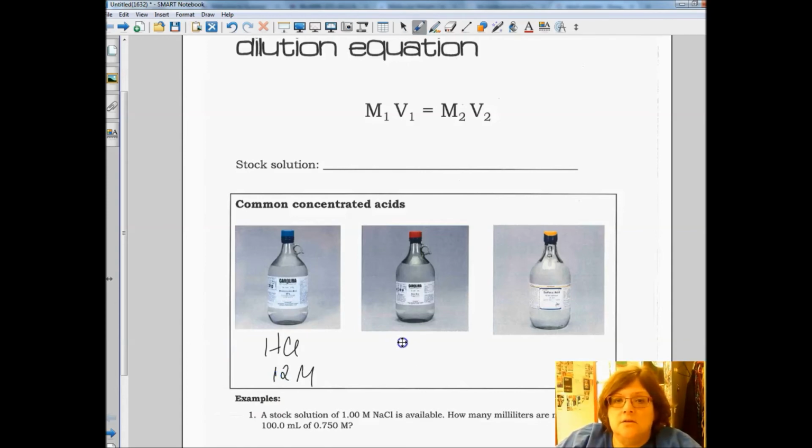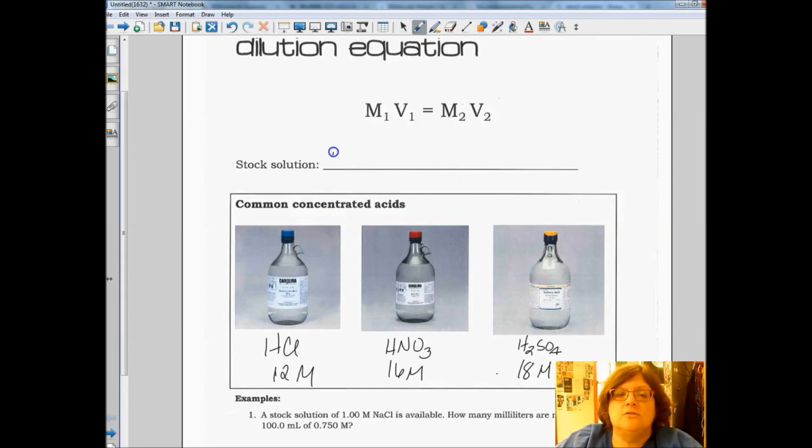Nitric acid uses the red lid. They have a concentration of 16 molar. And sulfuric acid has a yellow lid, and it's the most concentrated at 18 molar. Okay, we call these stock solutions.